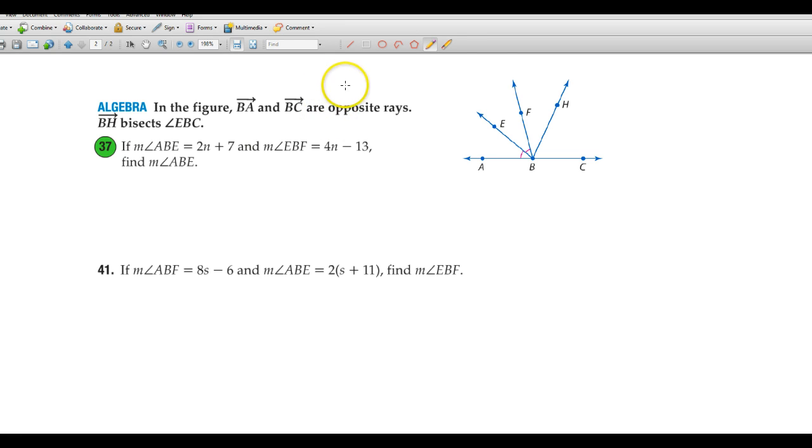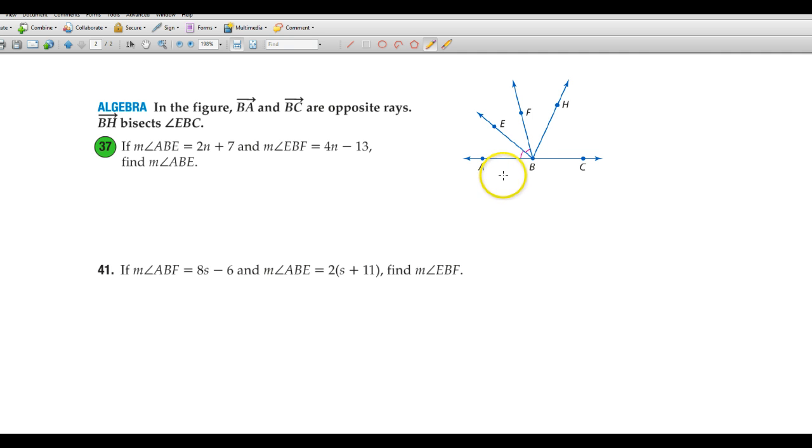Number 37, in the figure, ray BA and BC are opposite rays, so that's a straight line. BH bisects EBC, so this will split this angle in half into two congruent angles.